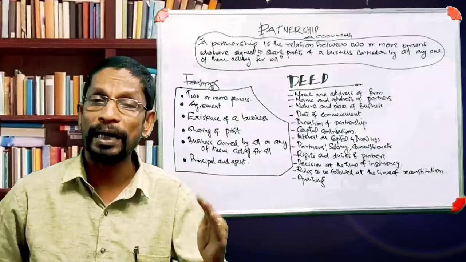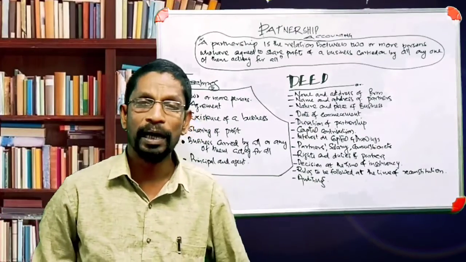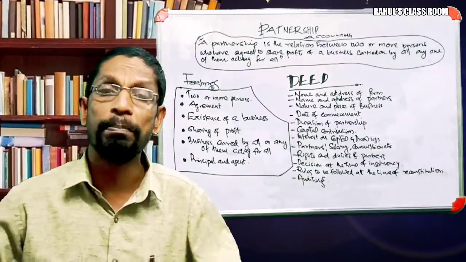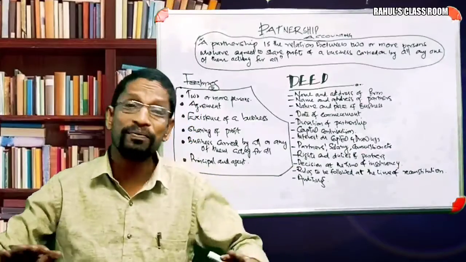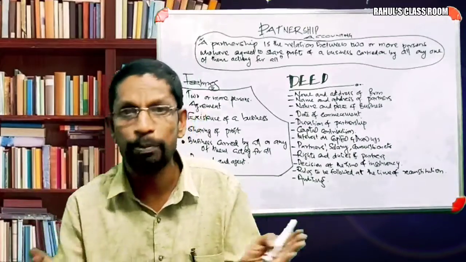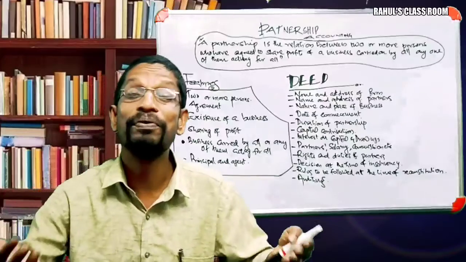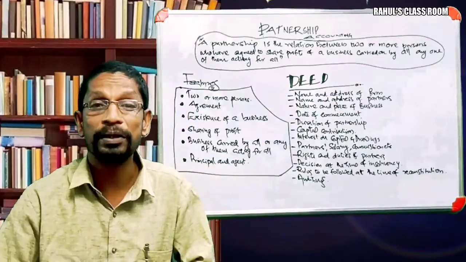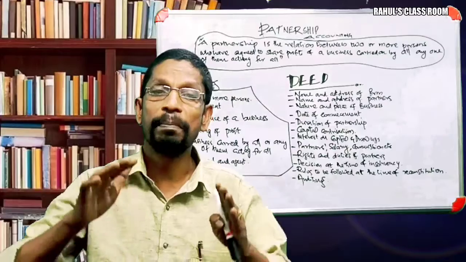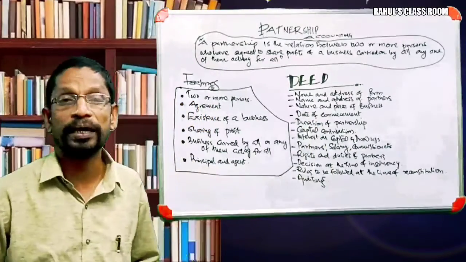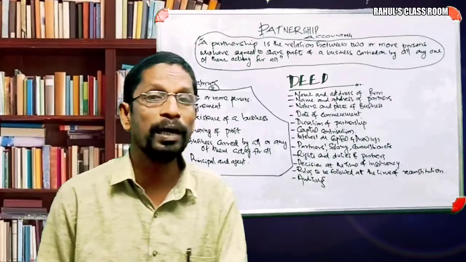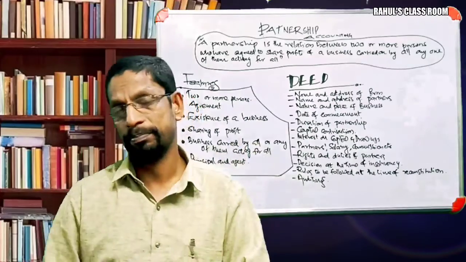And as per the Act, the maximum number of partners is confined up to how many? Confined up to 50 as per the Act of 2013. The maximum number of members is confined up to 50, but formerly it was only 20.